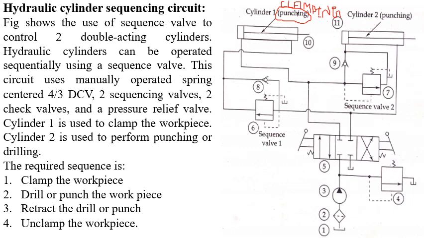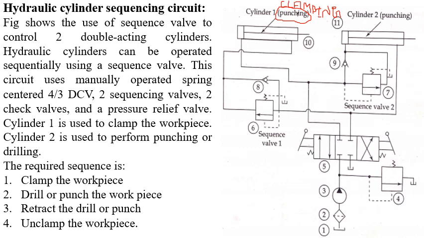First is to clamp the workpiece, second is to drill or punch the workpiece. Third is to retract the drill or punch and unclamp the workpiece. What it indicates is that cylinder 1 is for clamping the workpiece, and cylinder 2 is for punching or drilling the workpiece.